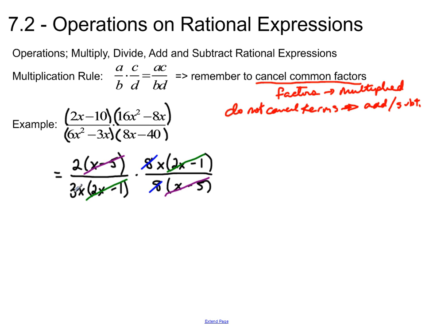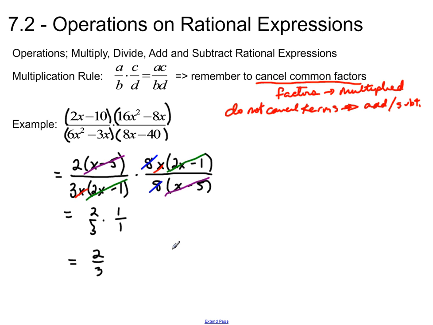And finally, we're left with an x in the denominator over here and an x in the numerator over here, so we should cancel those out as well. What are we left with? It would be the same thing as saying 2 over 3 times 1 over 1. Everything cancels in the second fraction, so we're left with 2/3 as our reduced fraction.